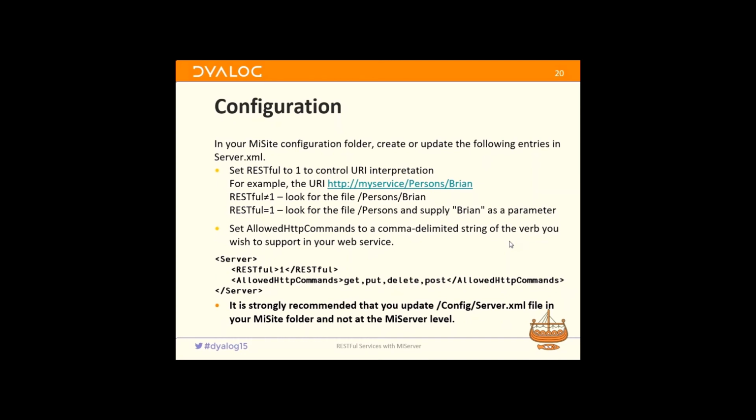We might be able to say that if you give a URL like this, and there isn't a file called that, then have a look to see whether there's something called person that derives from the RESTful base class. Then that particular page is just a RESTful web service, rather than having to set RESTful for the whole site.